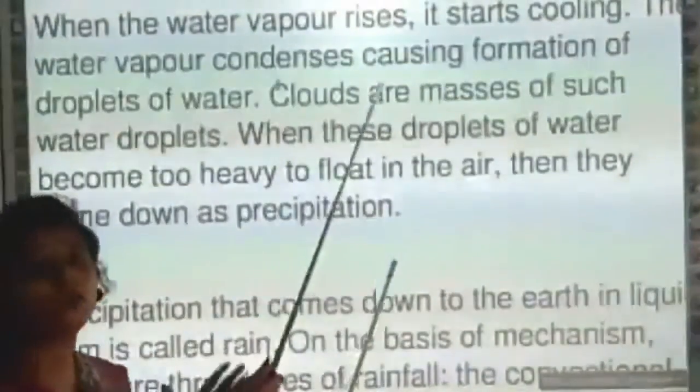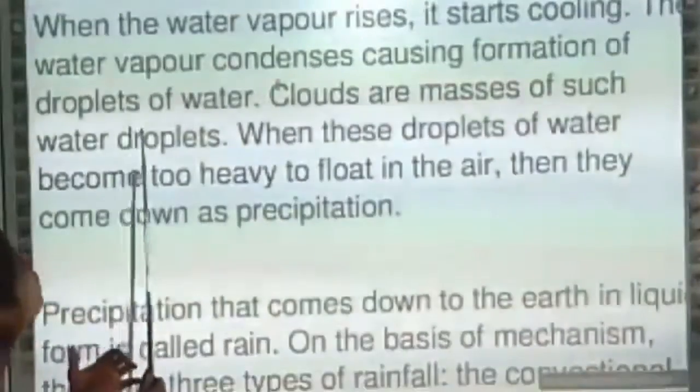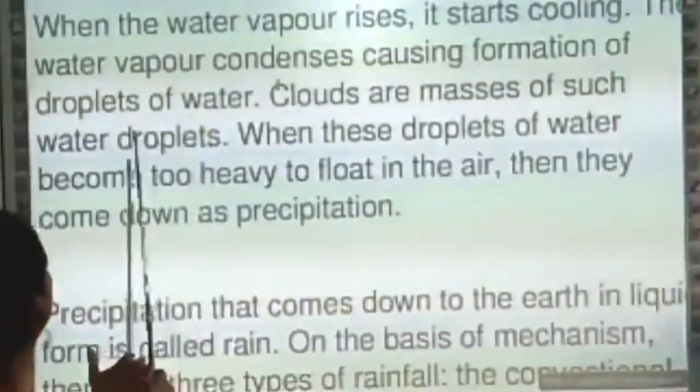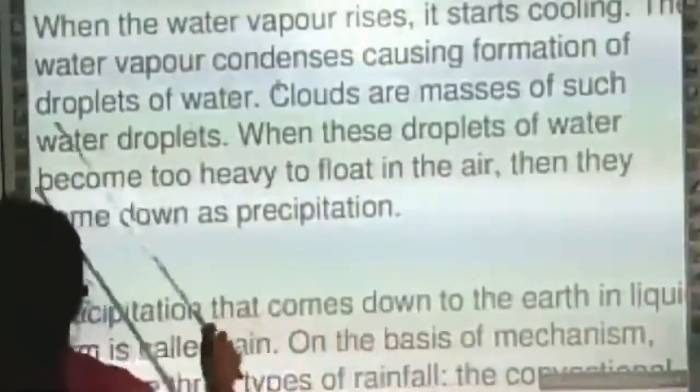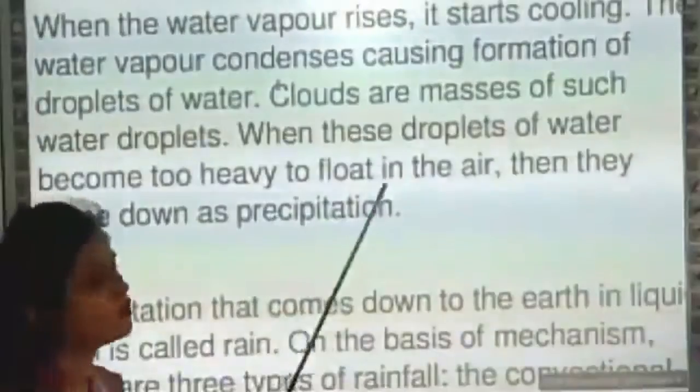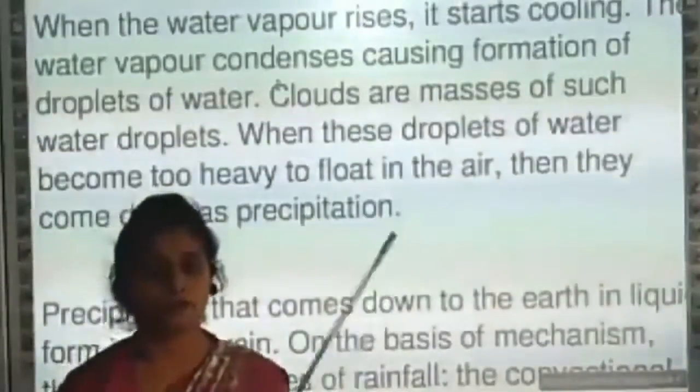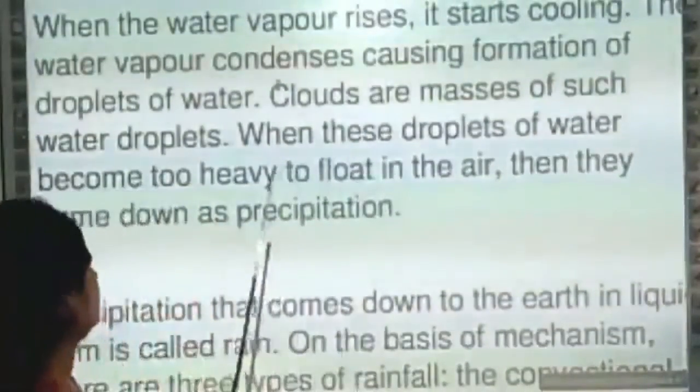By this convection, the water vapor becomes water droplets. Clouds are masses of such water droplets.